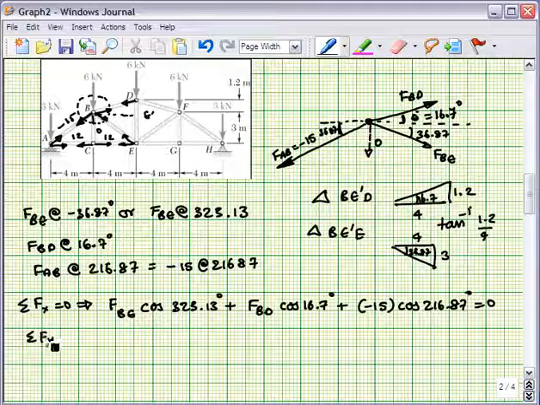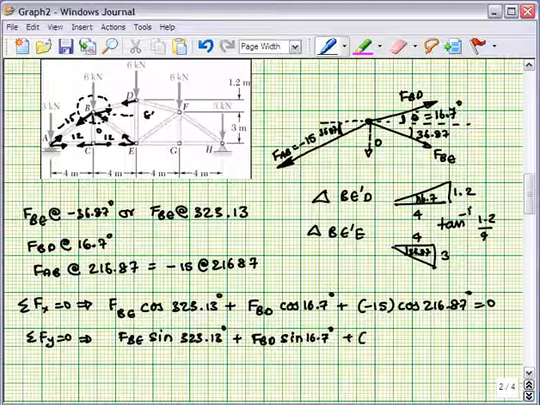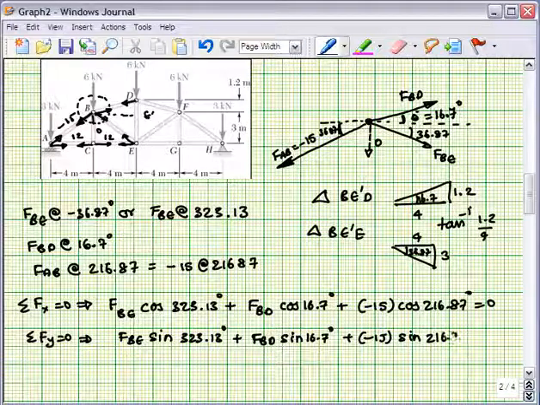Then the sum of all the forces in the y direction equal to 0 gives me FBE sine 323.13 plus FBD sine 16.7 degrees plus minus 15 sine 216.87 degrees must be equal to 0.